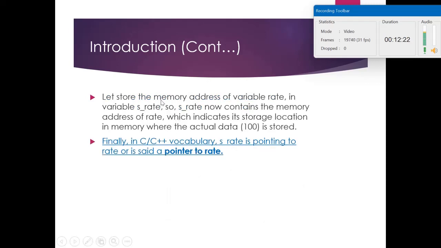Let's store the memory address of variable rate in variable s_rate, so that this variable contains the memory address of rate, which indicates its storage location in memory where the actual data 100 is stored.